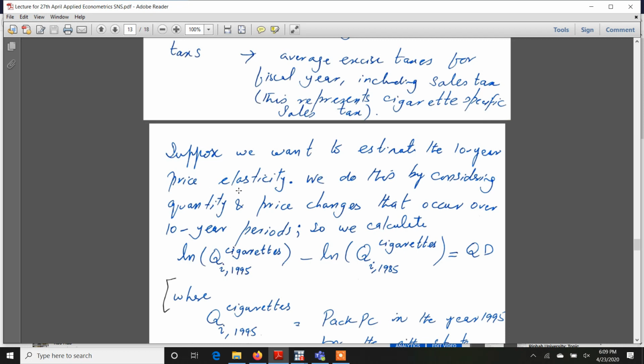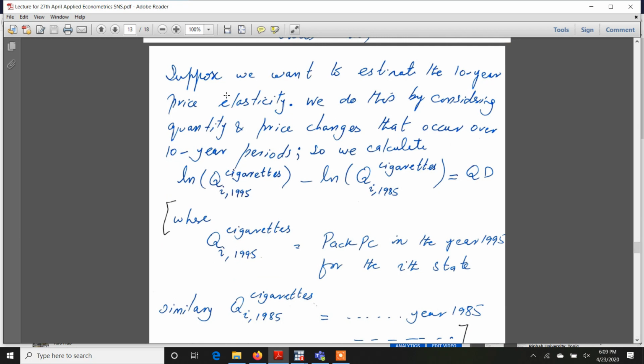We do this by considering quantity and price changes that occur over 10-year periods. It's up to us. If we want to analyze the changes over a 5-year period, then we should have data for 5-year frequency. For now, I have data for 1995 and 1985. That's a difference of 10 years, which is why I want to analyze the elasticity over a period of 10 years.